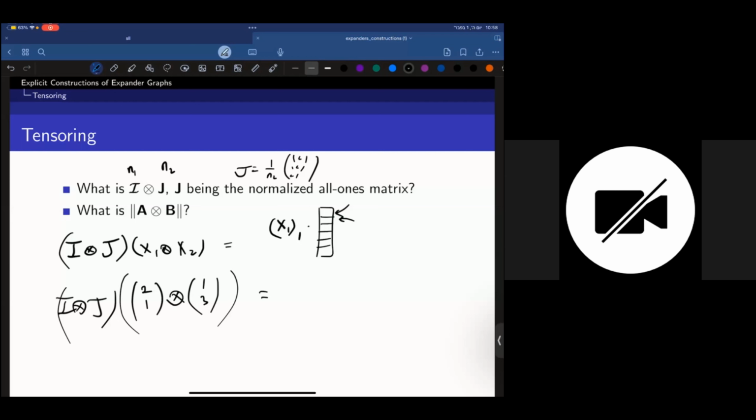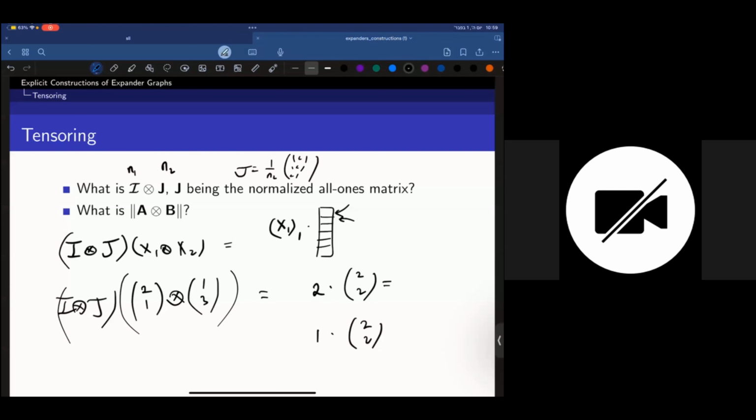You're going to have a 2 cloud and a 1 cloud, and the 2 is going to be multiplied not by 1, 3, but by the average of them. So it's 2, 2, because 1 plus 3 over 2. And here again it is going to be 2, 2. You lose the information: the only information you have about X2 is the average everywhere. J is a scrambler. That's what it does.